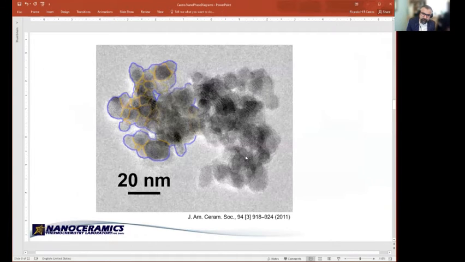This gives you a glimpse of what is going to happen at the nanoscale to those phase diagrams that I talked about. But let's complicate things a little further. When I look at particles in the microscope, more often than not, more than just the surface, I'm also going to have these solid-solid interfaces, grain boundaries. The question is, is the surface energy the same as the grain boundary energy?